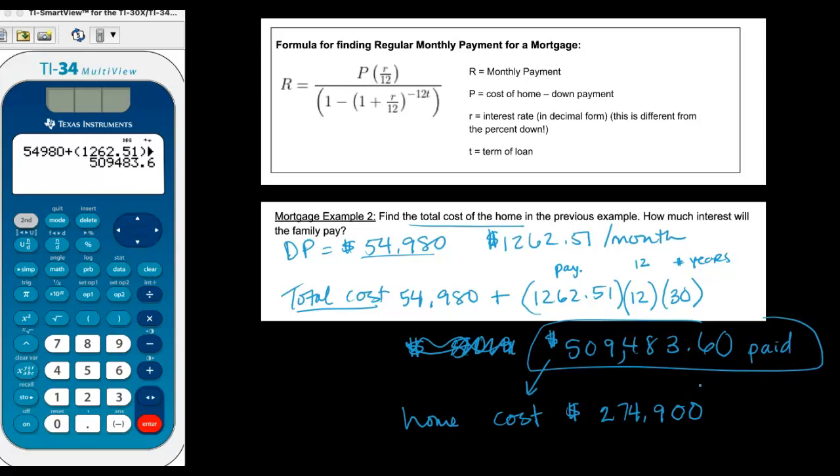So maybe this family tries to do a loan where they pay it off in 27 years or 25 years. And yes, the monthly payment's going to be higher, but you could go through this process and find the total amount and see that, oh wow, we save money in interest that way. So it's helpful to go through this and find the total cost with many different types of loans to figure out which one is the best fit.